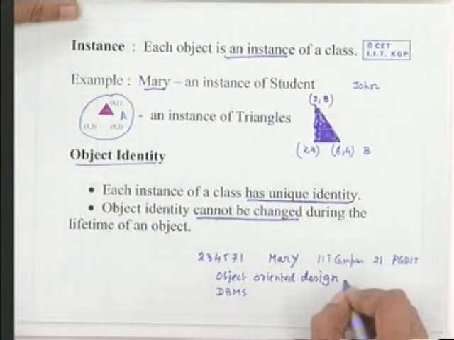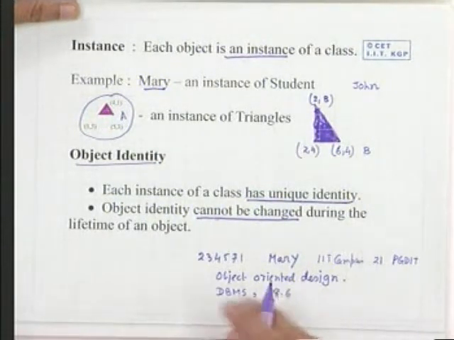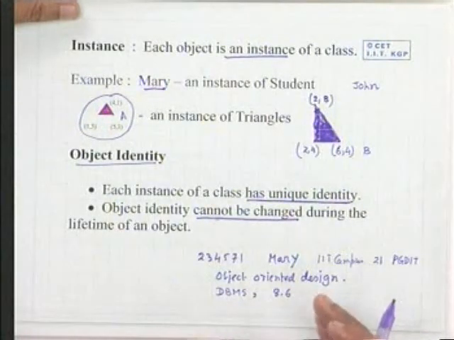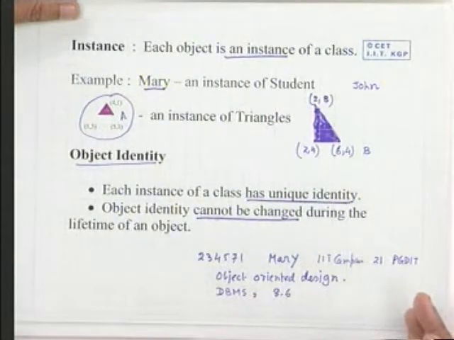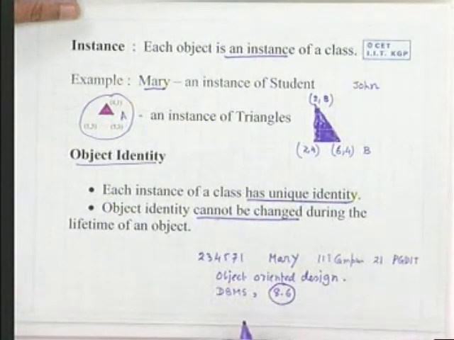And the grade with object oriented design, her CGPA, or cumulative grade point average, is say 8.6. Now it may so happen, as time progresses, that she may register into more subjects, and her CGPA, or grade point, will be changing.